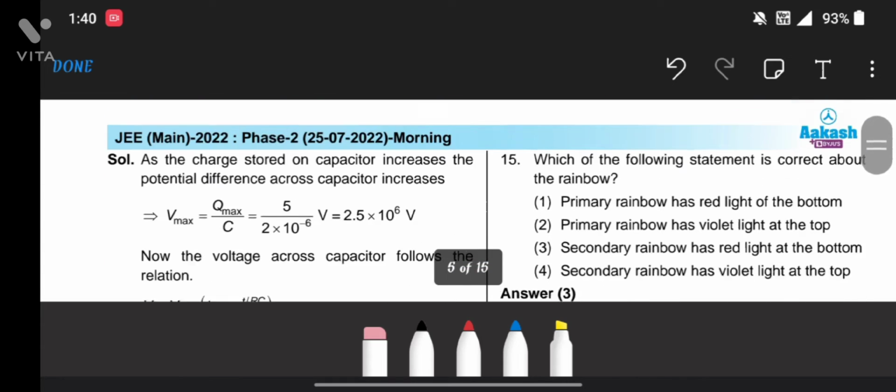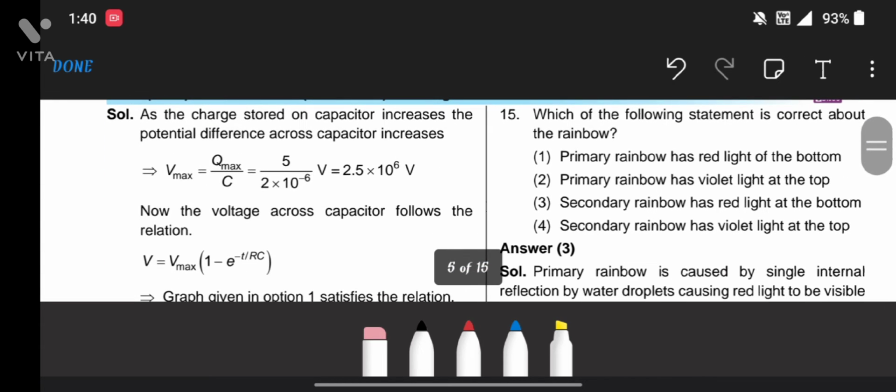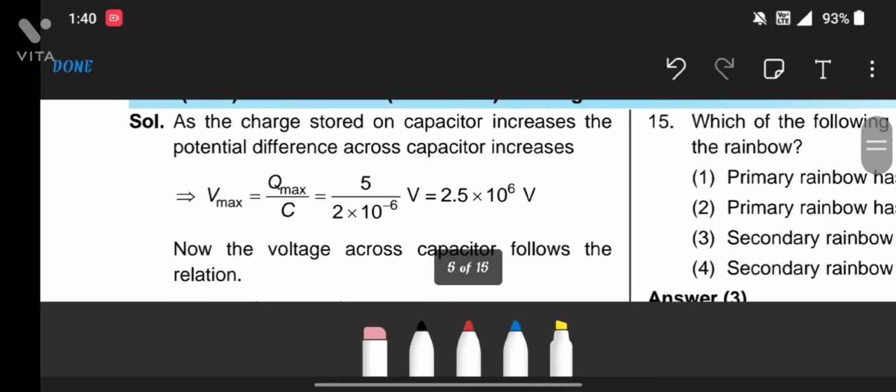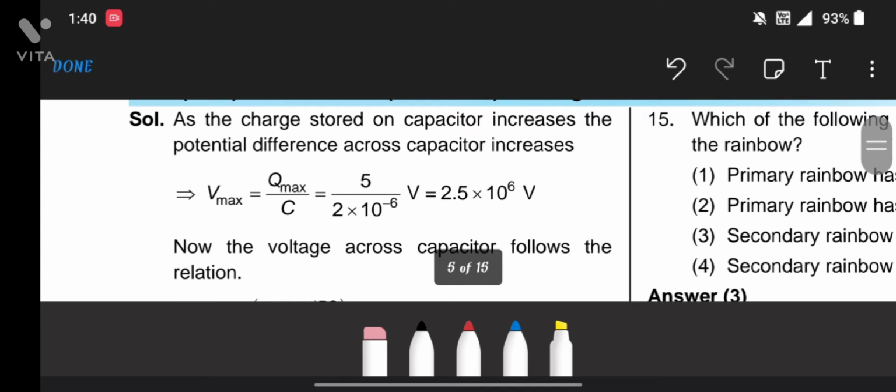Now if we come to solution, as charge stored on capacitor increases, the potential difference across that capacitor will also get increased, right? So now for the voltage across the capacitor, we have to use this formula.